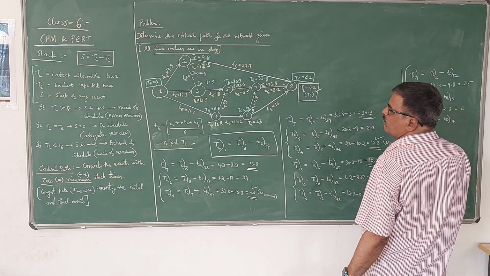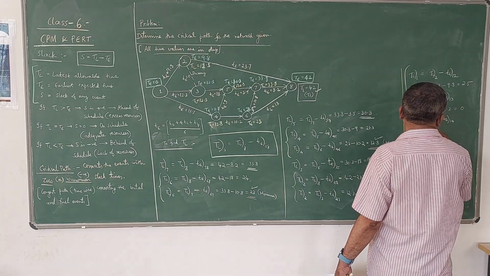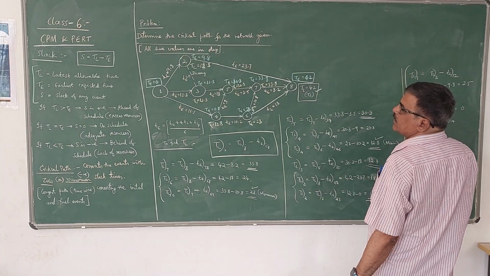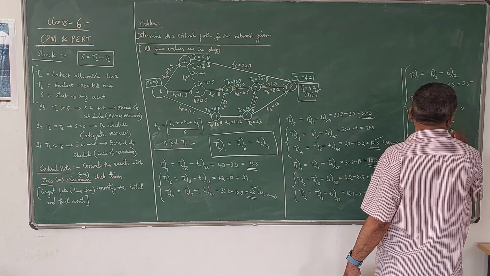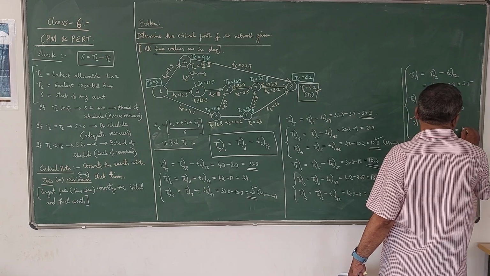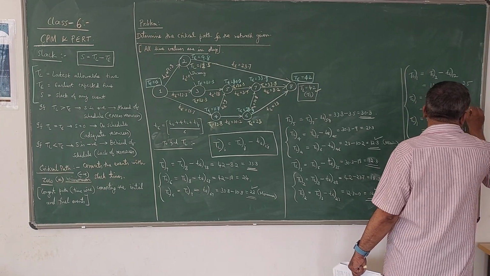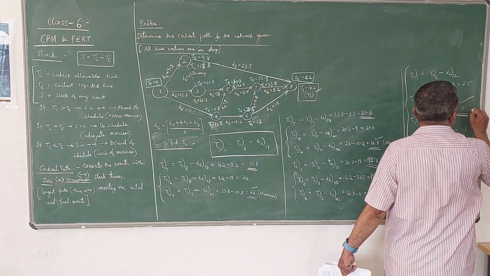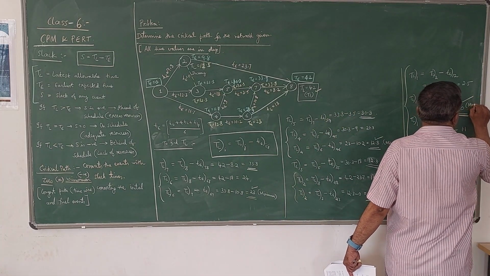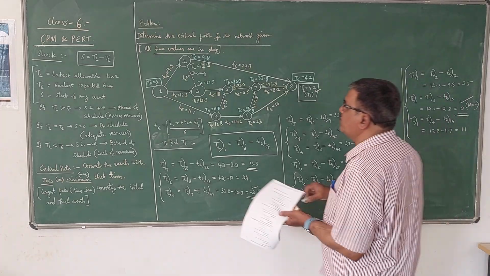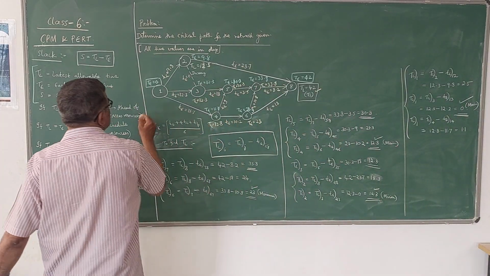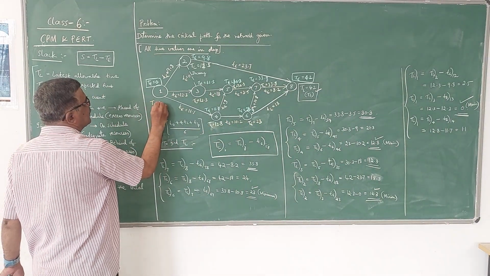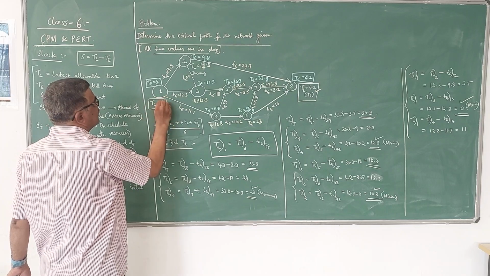TL4 is 12.8, minus 11.7, which is 1.1. Among these three, 0 is the minimum, so we take it. That means the TL value for the first event is 0.